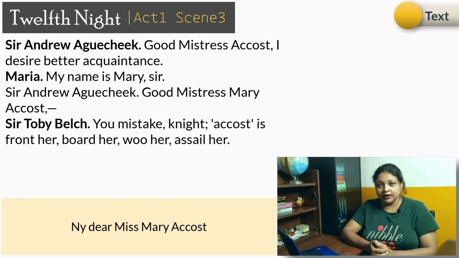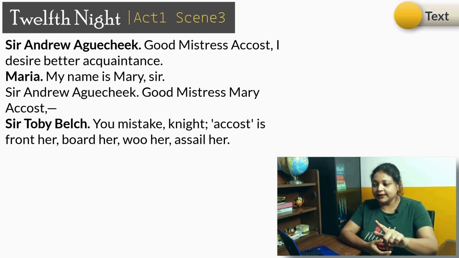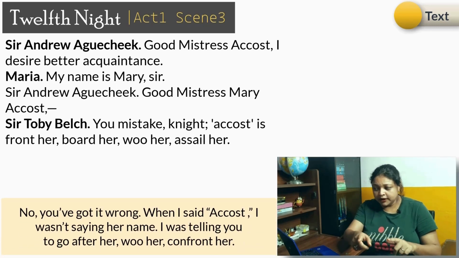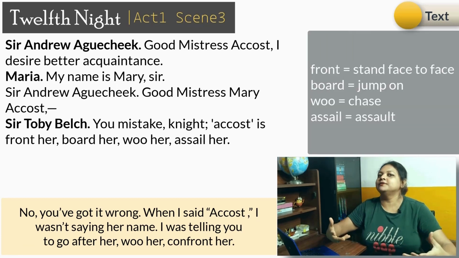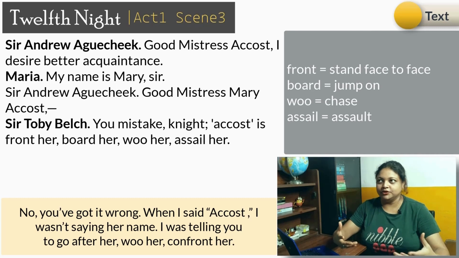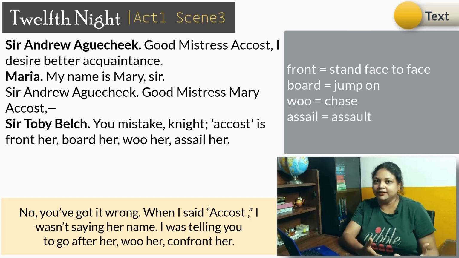Good Mistress Mary Accost. Now Toby understands the problem and he corrects him. You mistake, knight. Accost is front her, board her, woo her, assail her. So now he gives the total meaning of assault, that it actually means deal with her in a violent way.